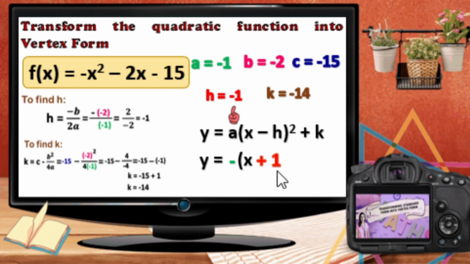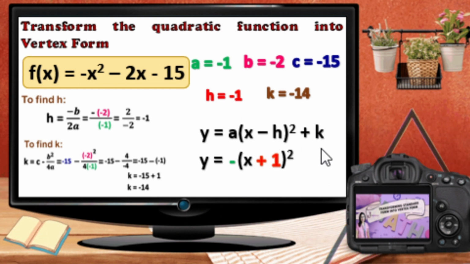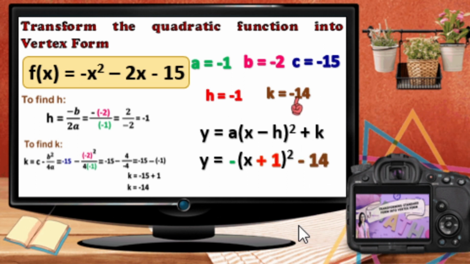So therefore, magiging plus or positive ang ating operation dito sa loob ng ating open and close parenthesis or ng ating quantity dahil ang h ay negative, no? Then, close parenthesis squared plus k. Anong value ng k? Negative 14. So, therefore, yun yung ilalagay natin sa k.